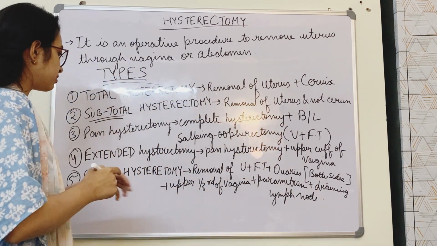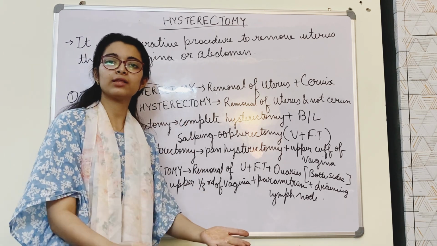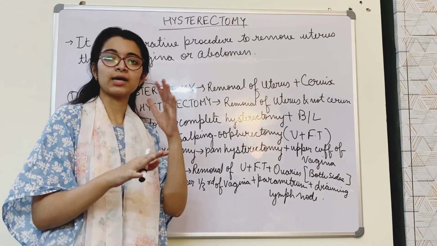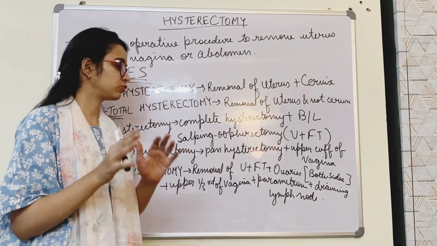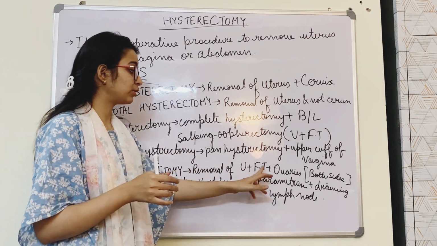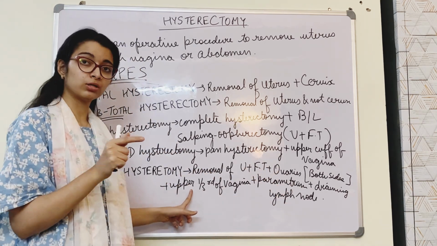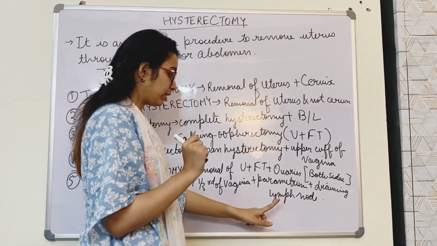So in radical hysterectomy, everything you find beside the uterus is almost removed, including uterus, fallopian tube, ovaries of both sides, upper 1/3 of vagina, parametrium, and the draining lymph nodes.